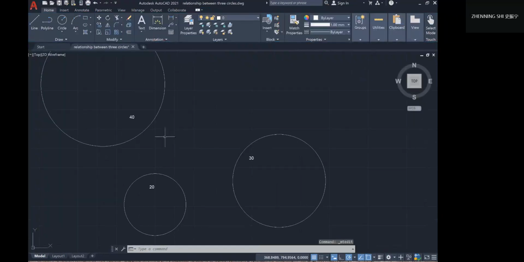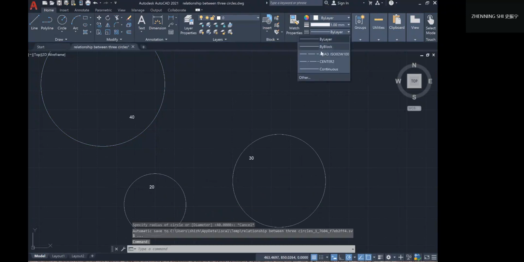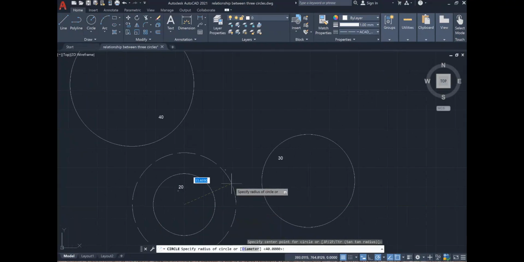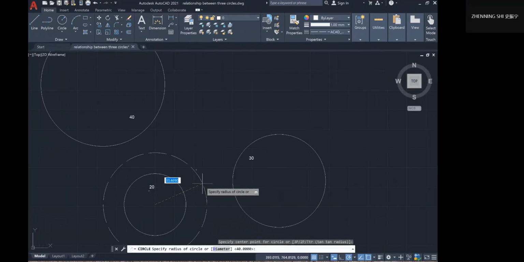Okay, now I want to put this circle at the right position. So now at the first auxiliary line, can you tell me what is the radius? 60. 60? 60, yeah. Let me try.